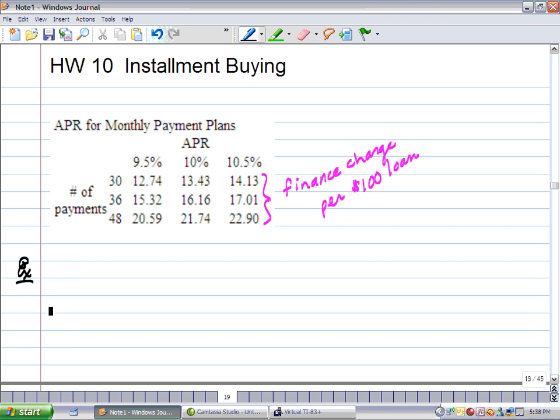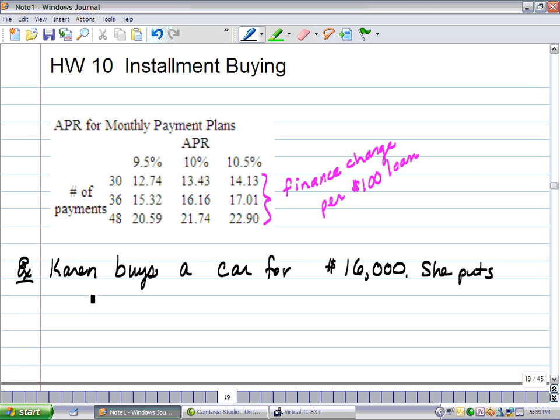Okay, let's say, I'll make up a name, Karen buys a car for $16,000.